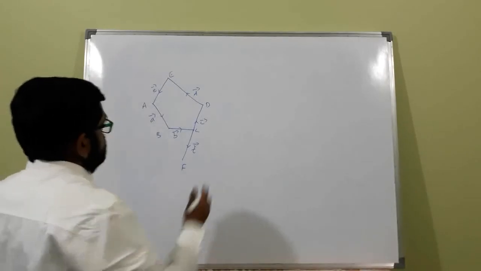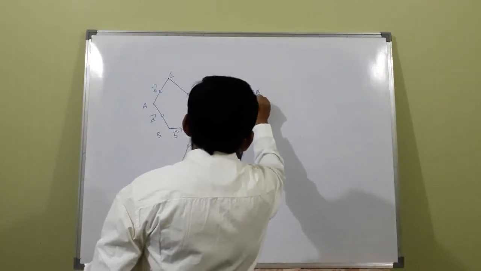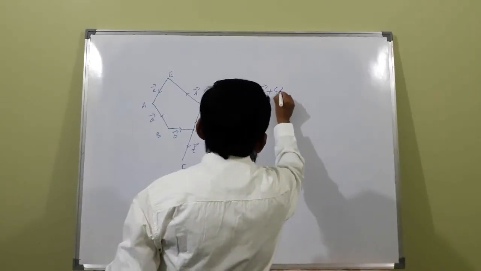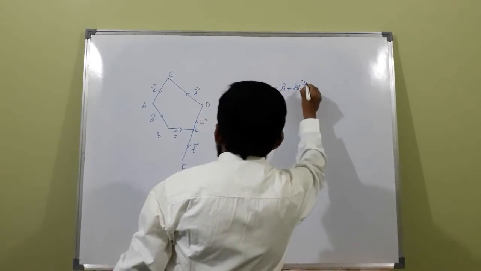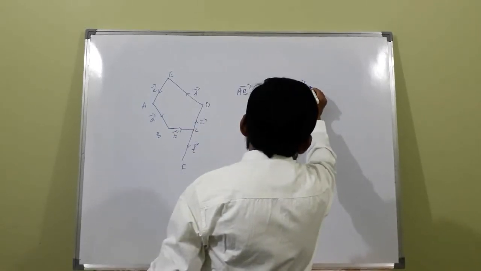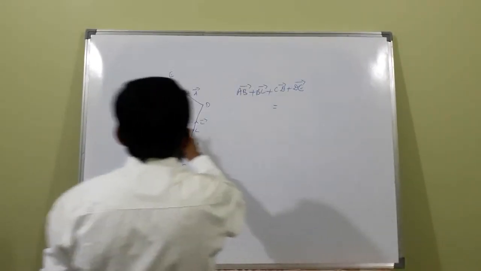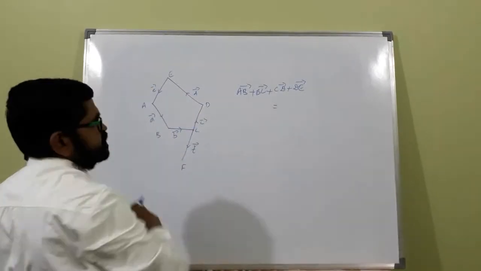See here, suppose AB plus BC plus CD plus DE. What is this? That means the sum of 4 sides.